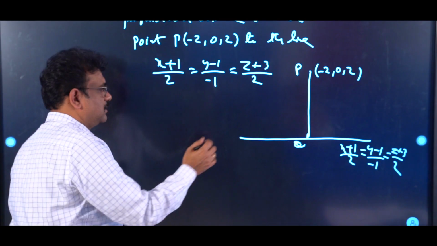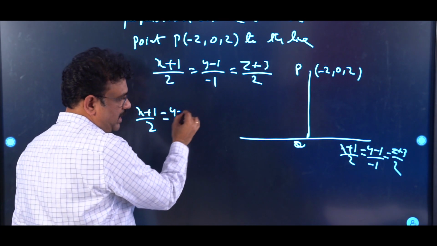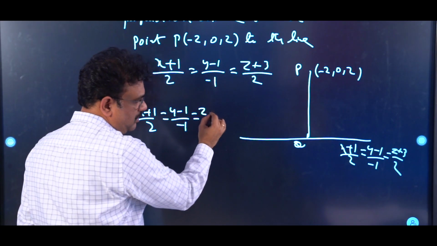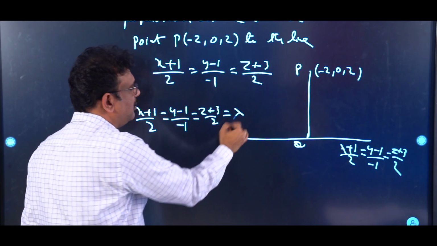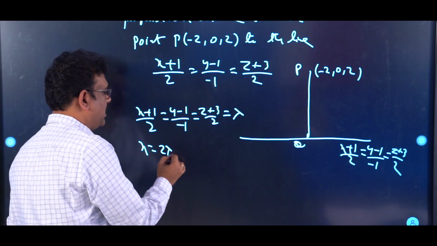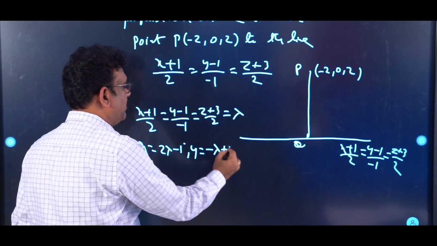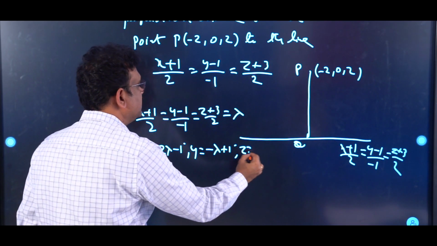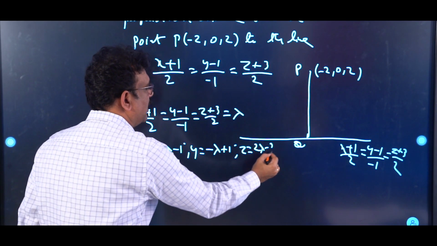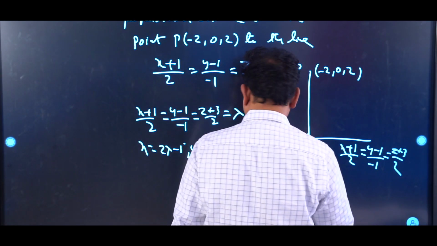So take (x plus 1) by 2 equal to (y minus 1) by minus 1 equal to (z plus 3) by 2 equal to lambda. So x equal to 2 lambda minus 1, y is equal to minus lambda plus 1, z is equal to 2 lambda minus 3. Now take Q as any point.